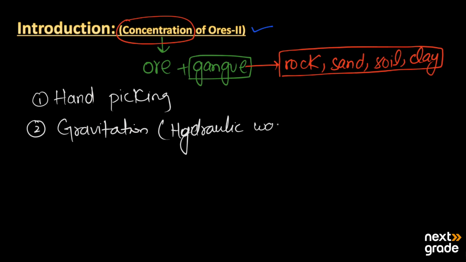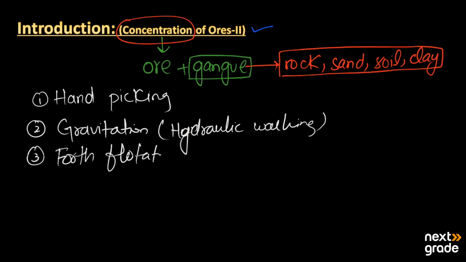The third method that we will discuss is the froth flotation process. And the fourth method is basically called magnetic separation.